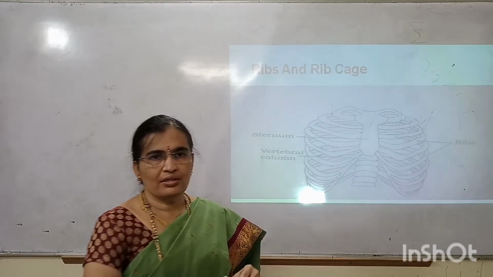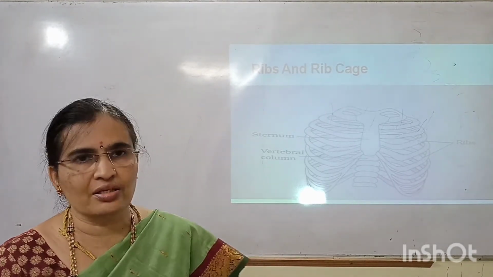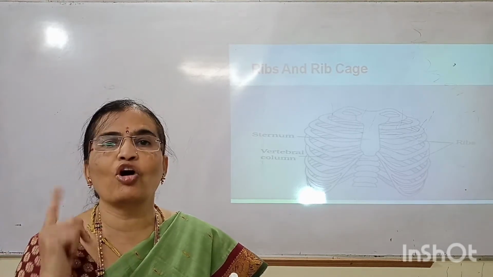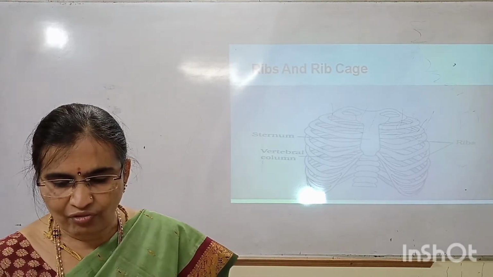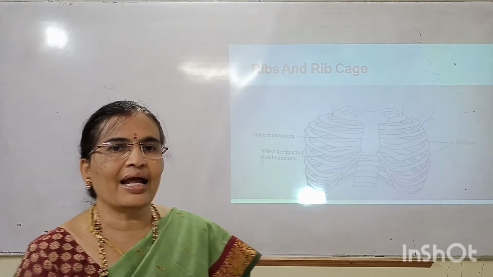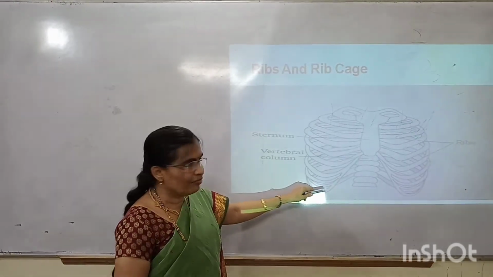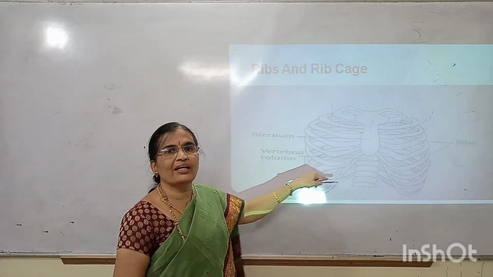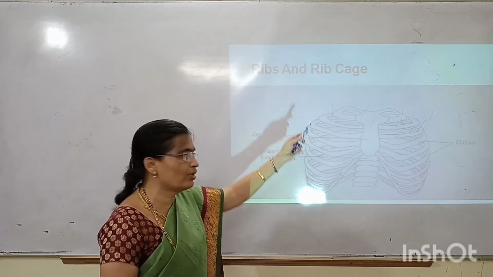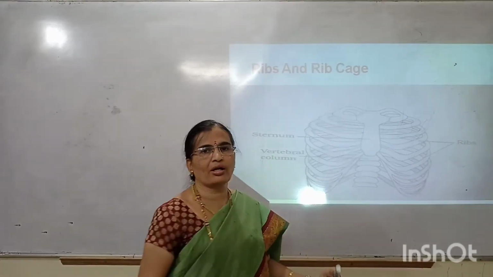Then next, the 11th and 12th pairs of ribs are called floating ribs. These are not attached with the ventral region. They are floating. They are attached only dorsally to the vertebral column, but ventrally they are not attached.